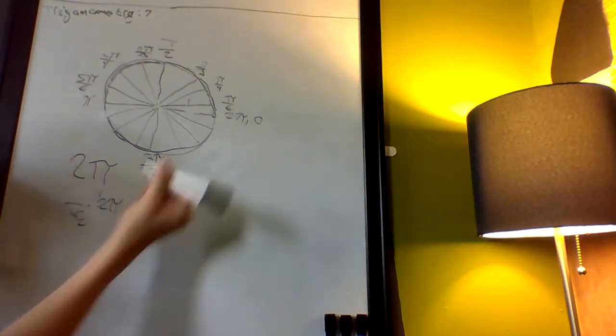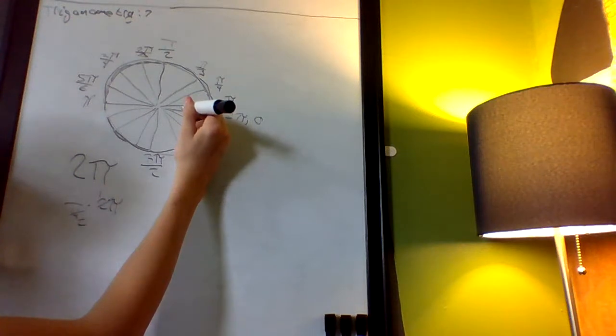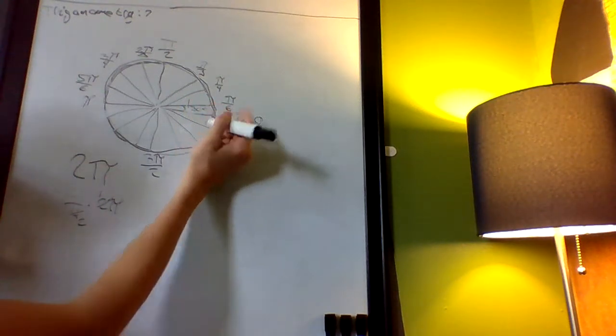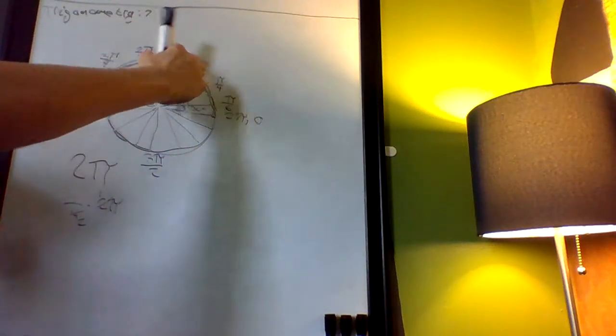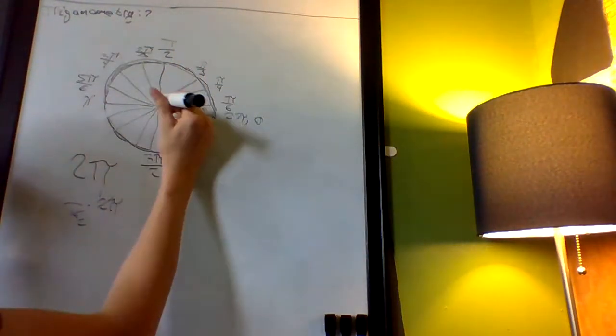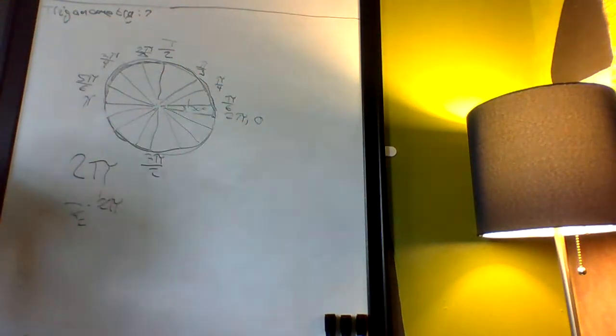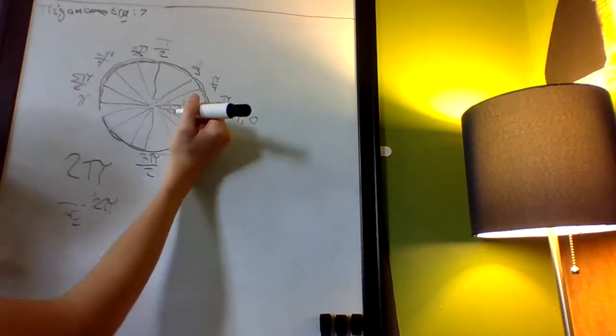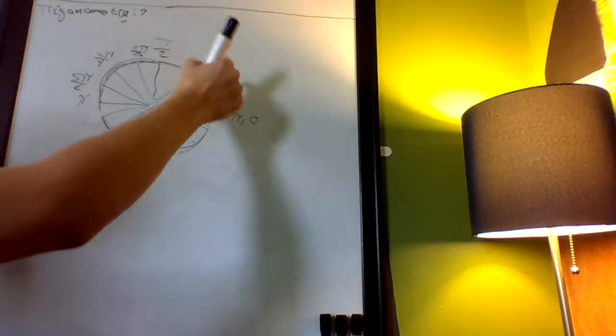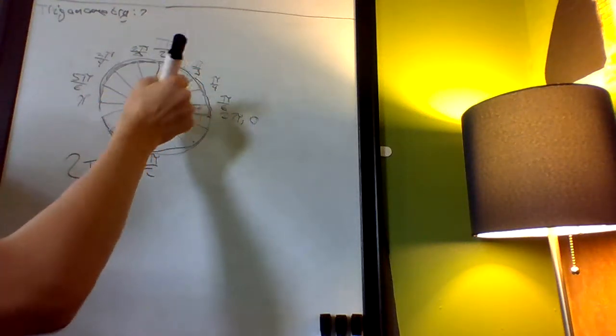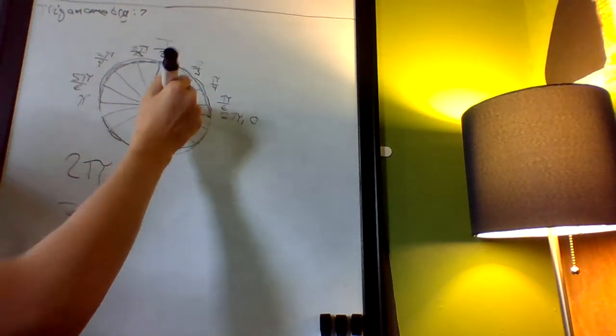Now each of these corresponds with an angle, right? This right here would be 30 degrees because it's 1/3 of this, which is 90 degrees. This is 45 degrees because it's half of 90 degrees. This is going to be 60 degrees, 2/3 of 90 degrees.